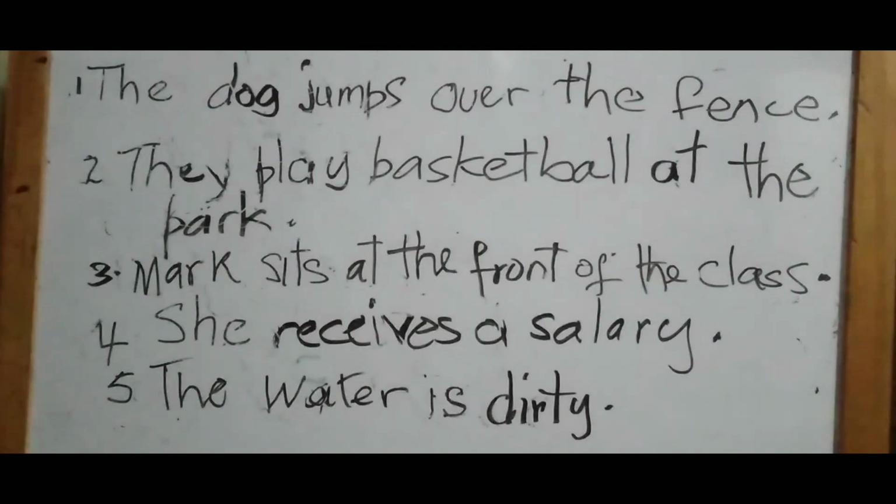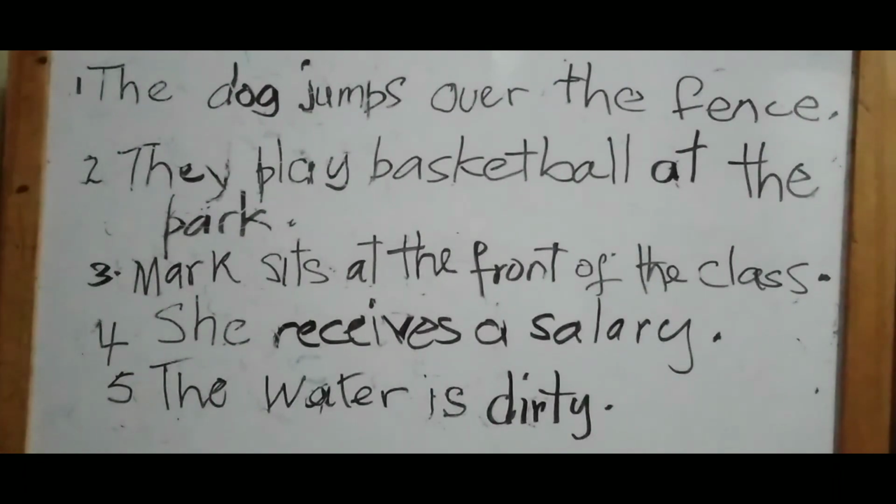One, who or what is the sentence about? And then after you answer that, you need to ask yourself, what does the person or the thing do in the sentence? Or what is the person or thing in the sentence? And then once you have answered that, you go ahead and identify the subject and the verb.